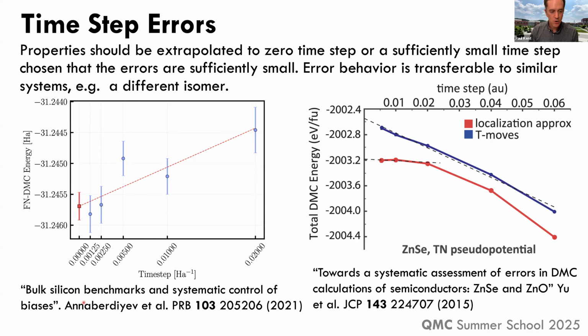And this paper on bulk silicon has a very careful analysis of all the systematic biases in the calculations, making sure that they are made small enough in order to extract the true thermodynamic properties. So that's silicon. Here's some earlier work, this figure is for zinc selenide. There are a couple of different ways of evaluating the Schütte potential that we'll be covering in the next session.